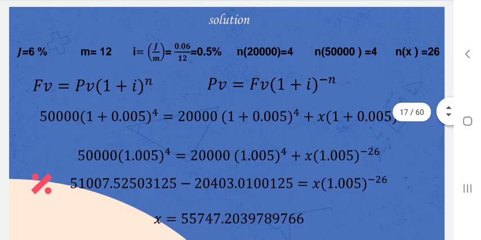By substituting in formula of future value and formula of present value, you can get X, which is equal 55,747.